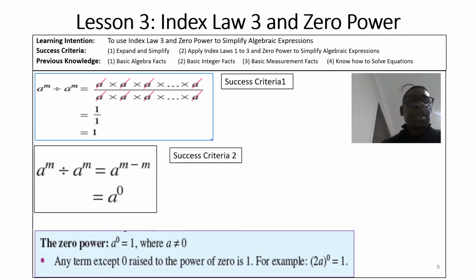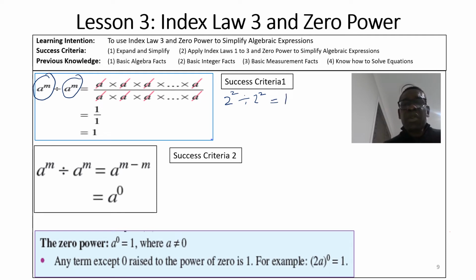If you have a to the power of m divided by a to the power of m, it means you have all the a's to the power of m all divided by the same, and that gives you 1. This is the same as, for example, 2 squared divided by 2 squared, which is equal to 1.